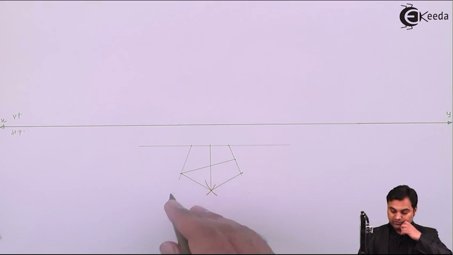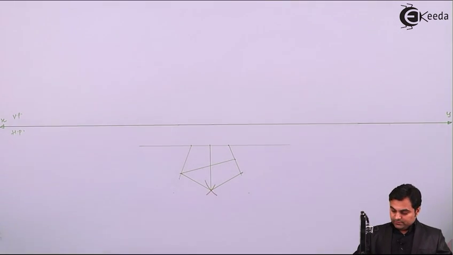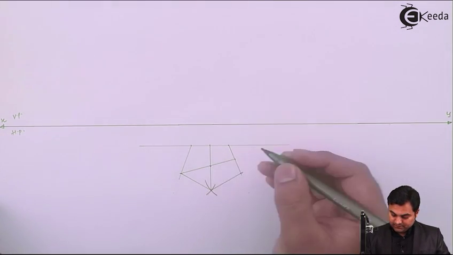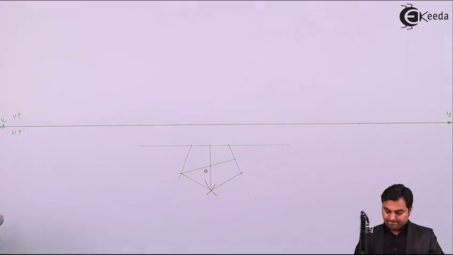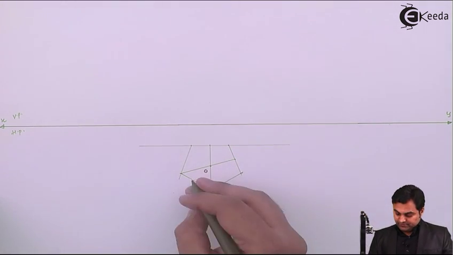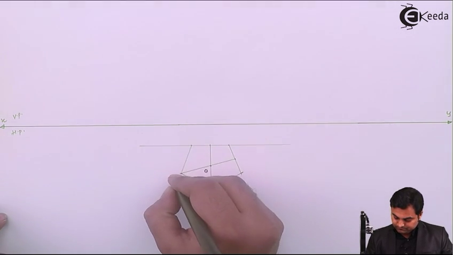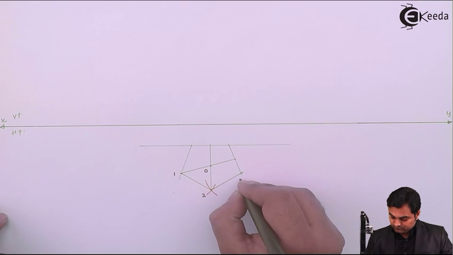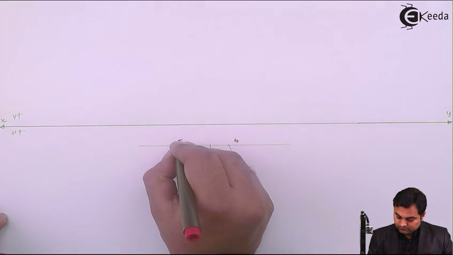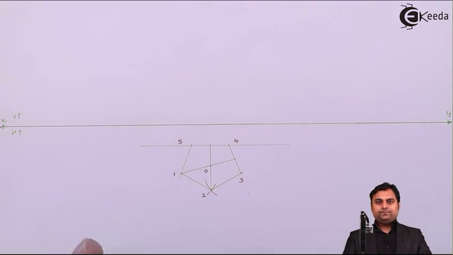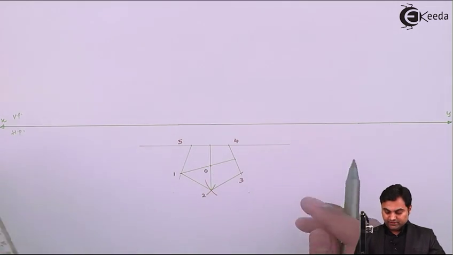So wherever these two lines intersect, that will give us the apex. Here I'll give the notations. Then joining these 5 corners to the apex.